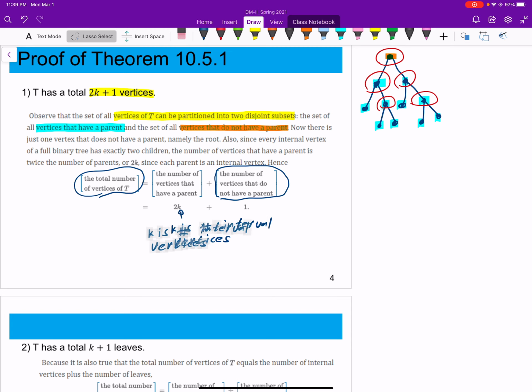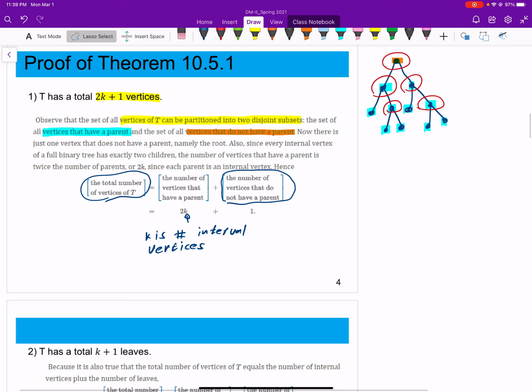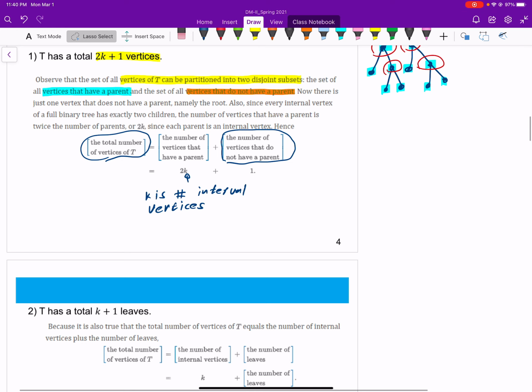So the number of vertices that have parents is 2k, because each internal vertex has 2 children.